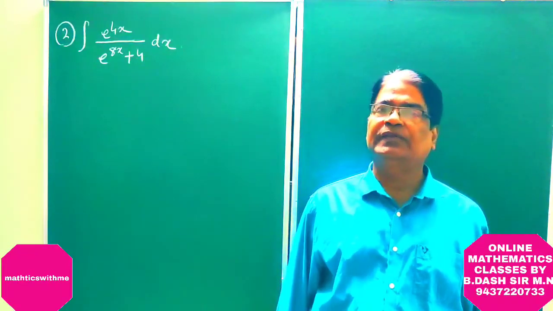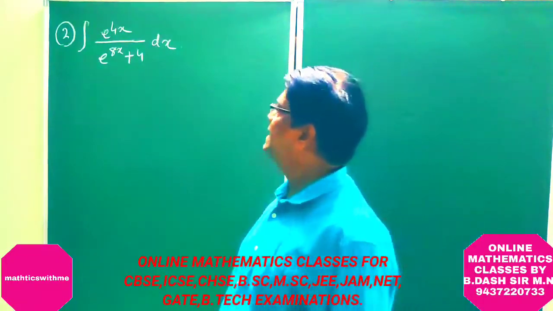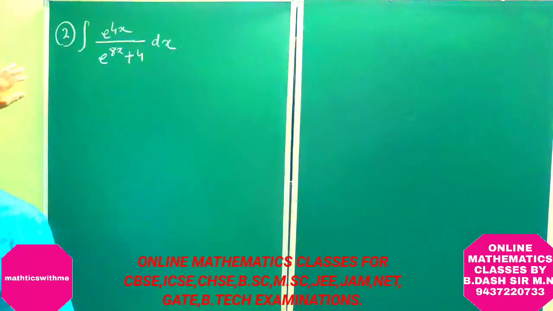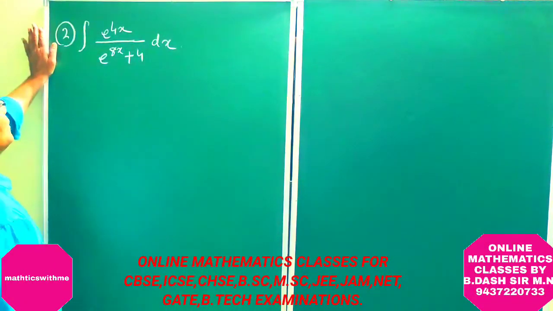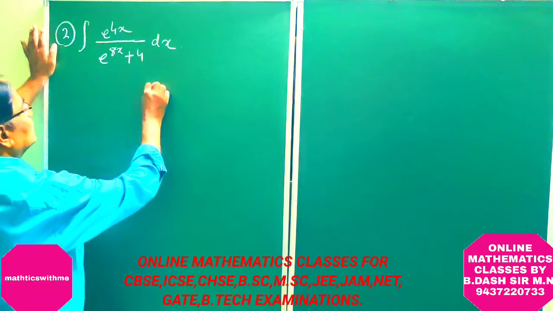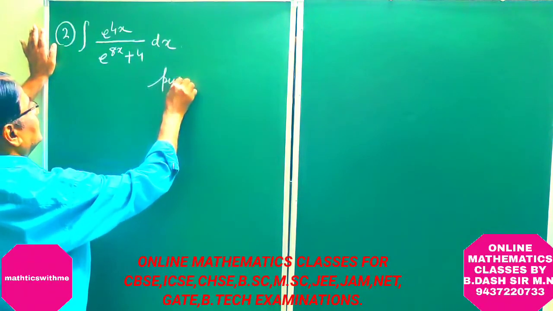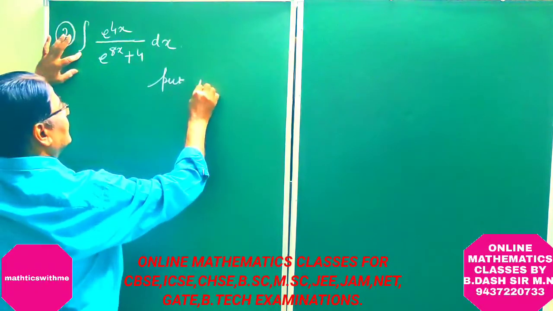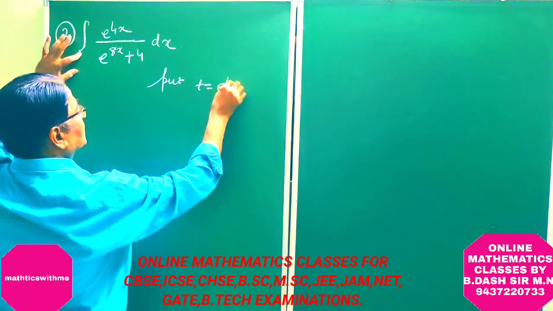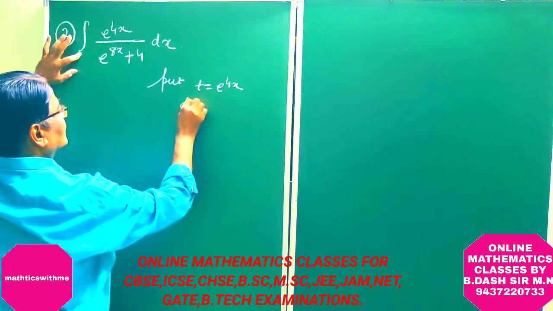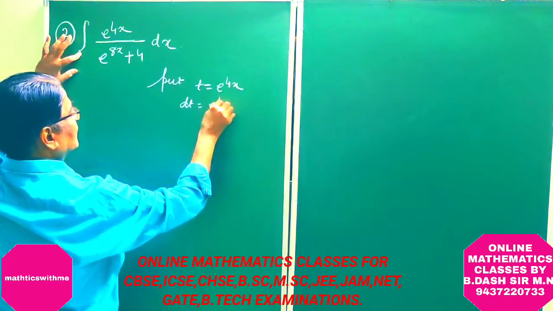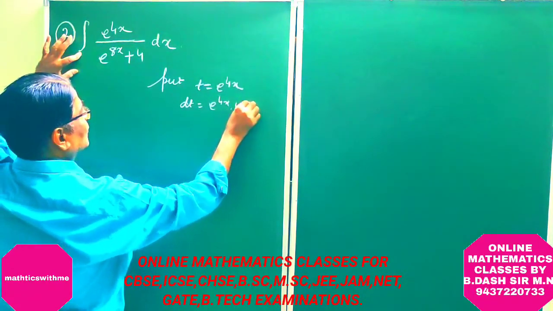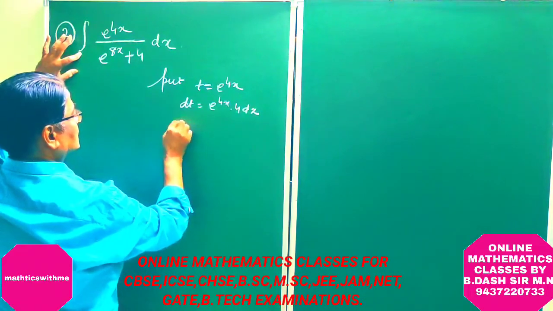Our next question is integration e to the power 4x by e to the power 8x plus 4 dx. In order to integrate this integral, put t is equal to e to the power 4x. So dt is equal to e to the power 4x into 4 dx.